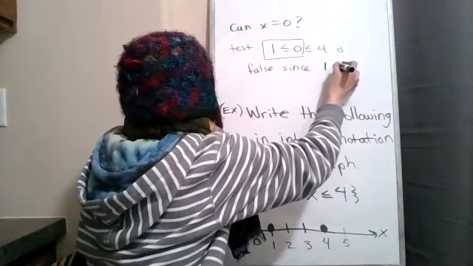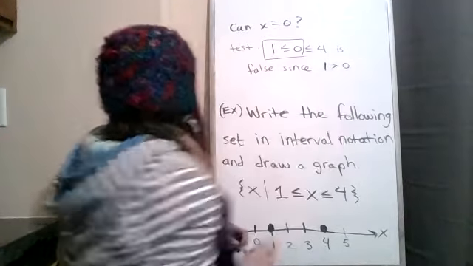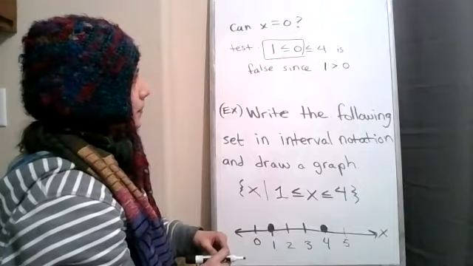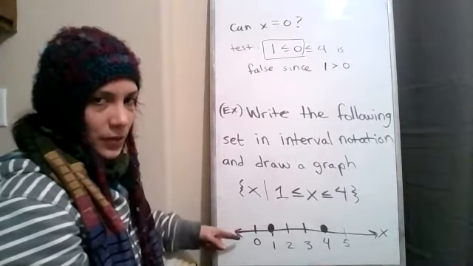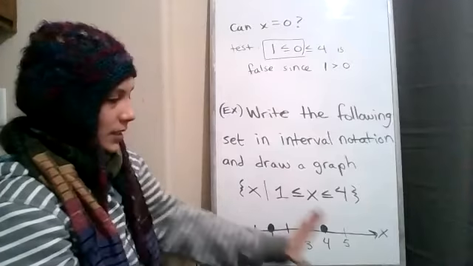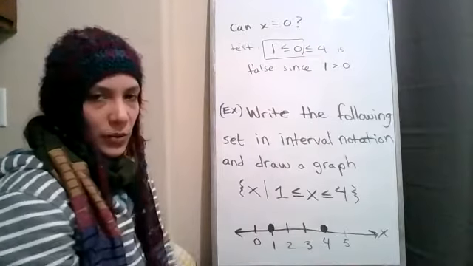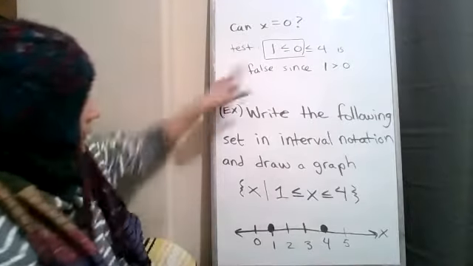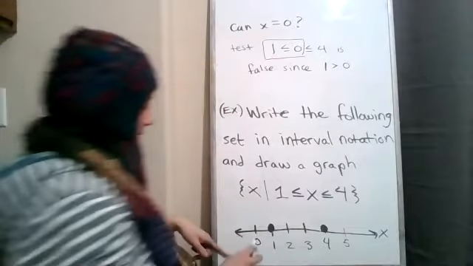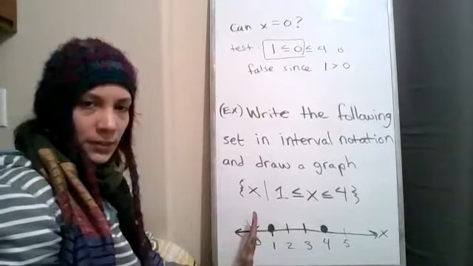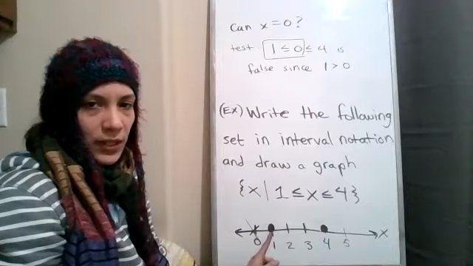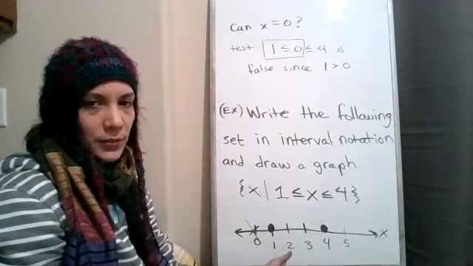It's greater than 0. I'm going to do this testing for the first few examples, but after that, I think we'll just talk through the examples. But we've gotten that this value is not in the set, so nothing on this side of 1. Let's test a number between 1 and 4. I picked 2.